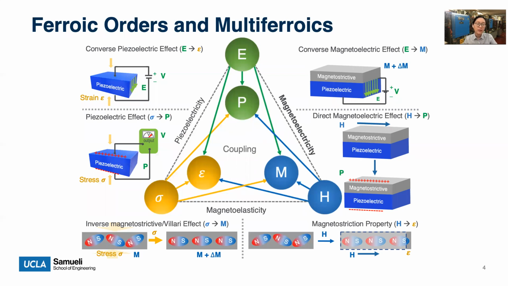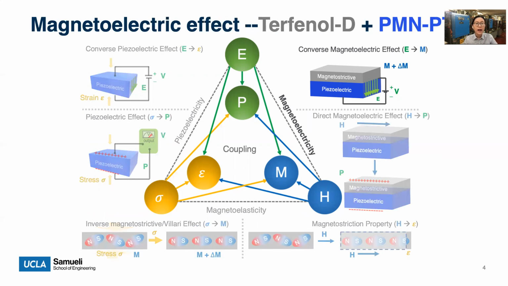They have been used in sensors, actuators, memory devices, RF microdevices, etc. And our work focuses on composite multiferroic heterostructures, Terfenol-D on PMN-PT. Fundamentally speaking, the magnetization in Terfenol-D can be controlled by the strain induced from ferroelectric PMN-PT via the converse magnetoelectric effect.